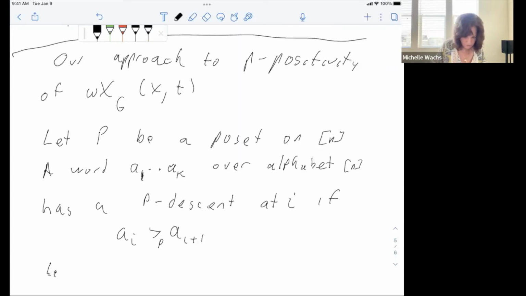And the other thing I wanted to define is a P descent.